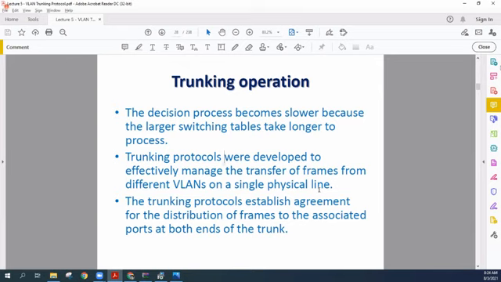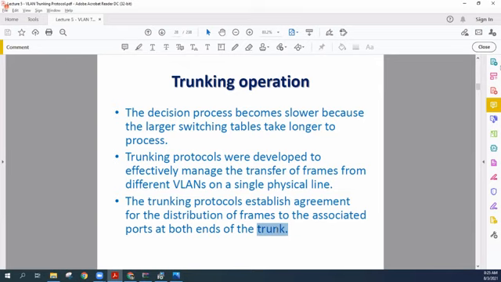That means there are different initiatives to handle the traffic over the trunk link. The trunking protocol establishes the agreement for distributing the frames to the associated ports at the end of the trunk. Yeah, that is the agreement.